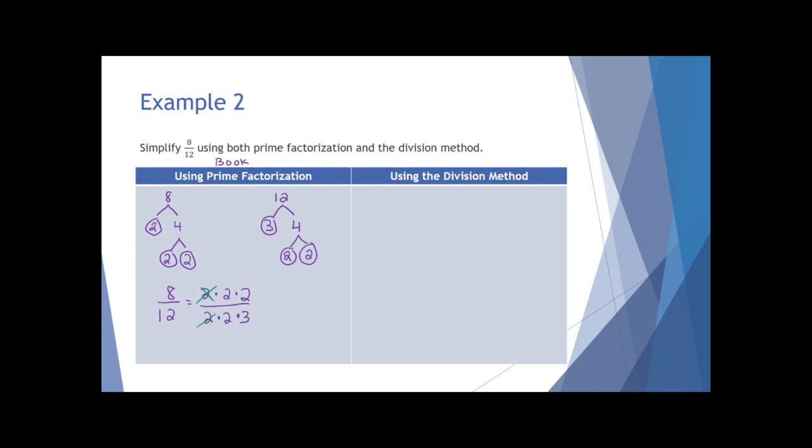I have a 2 on top and a 2 on the bottom. I have another 2 on top and a 2 on the bottom. So you cross out things that are the same. That's that property that 2 over 2 is equal to 1. So we're basically removing all the things that are 1. And then all we have left is 2 over 3. So that's our answer.